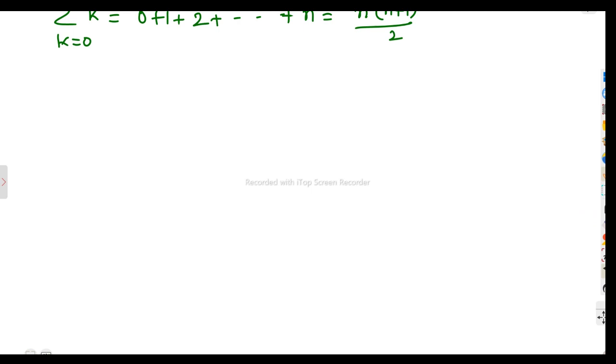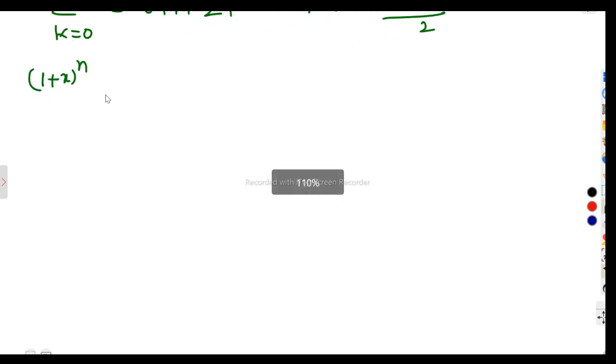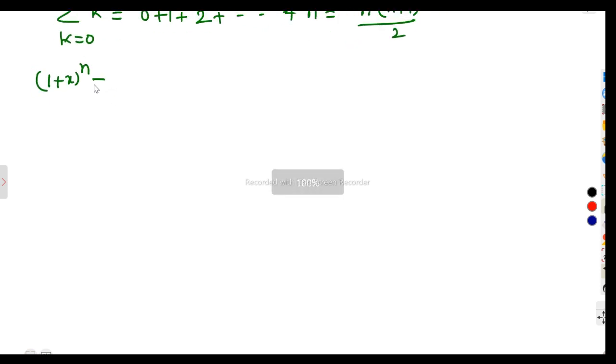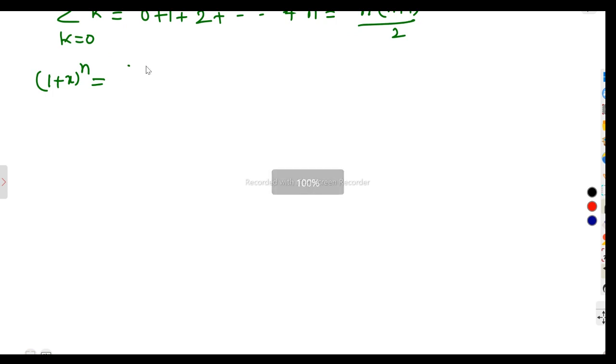So first of all, we know that the expansion of 1 plus x raised to power n is equal to the summation k equals 0 to n of nCk x raised to power k. Take this as the first equation.